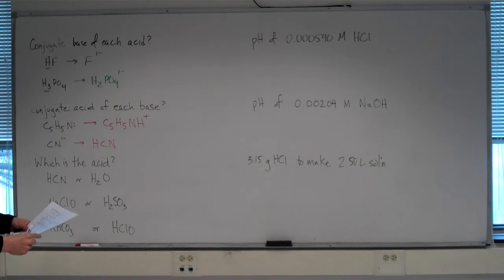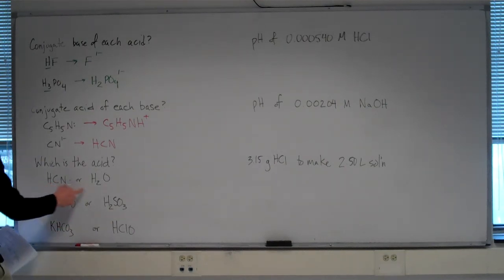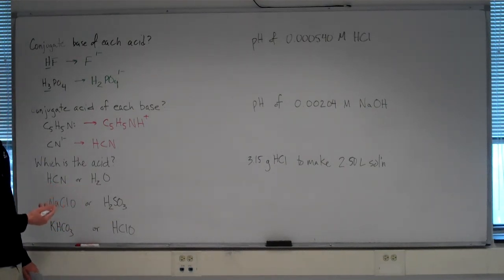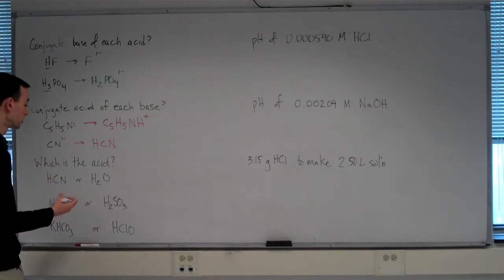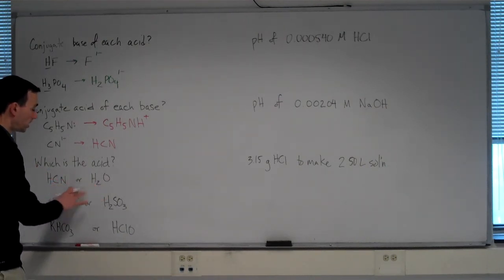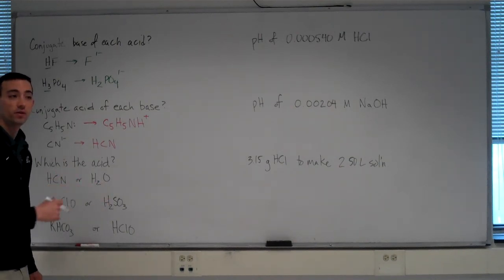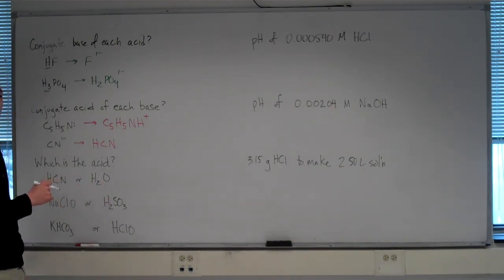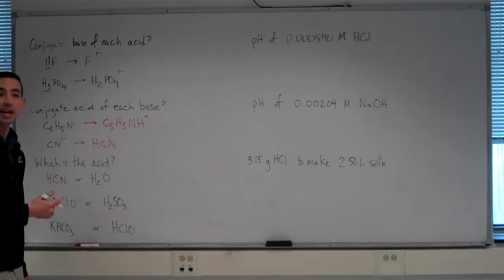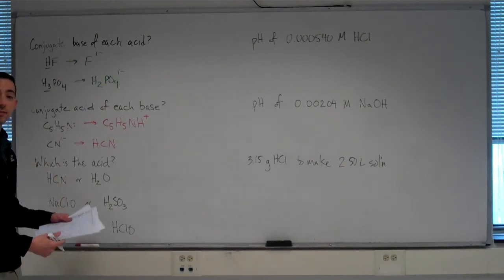So the next question is which species would act as the acid if these were to react with one another? Both HCN and water have the potential to act as an acid. So this would be like me running into another professor at the coffee shop. Who's going to donate? Who's going to purchase the cup of coffee in this instance? So we need some scale, and that's our Ka chart that we would look at.